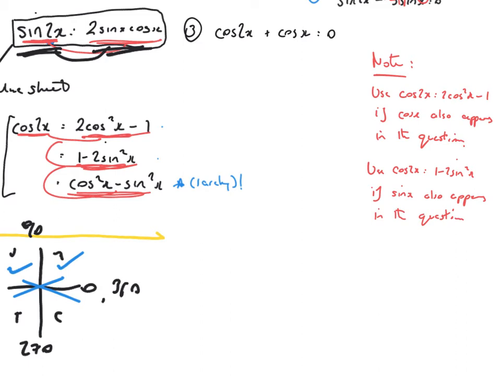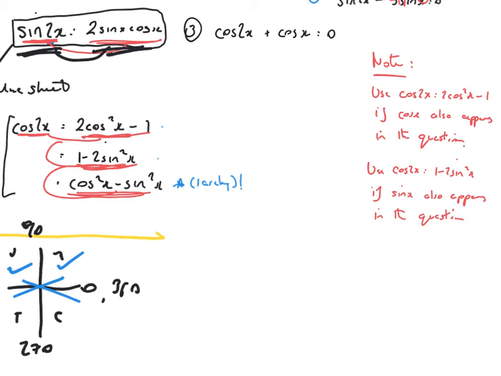Okay, so let's look at this example then. Cos 2x plus cos x equals 0. Okay, so I'm going to think, right, I rarely use this one, so it's going to be this one or this one. So I'm either going to use that one for cos 2x or that one for cos 2x. Use cos 2x equals 2 cos squared x minus 1 if cos x also appears in the question. Use cos 2x equals 1 minus 2 sin squared x if sin x also appears in the question.